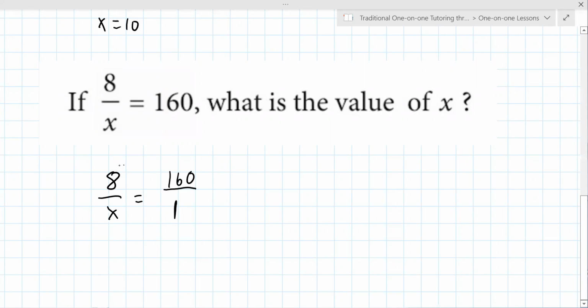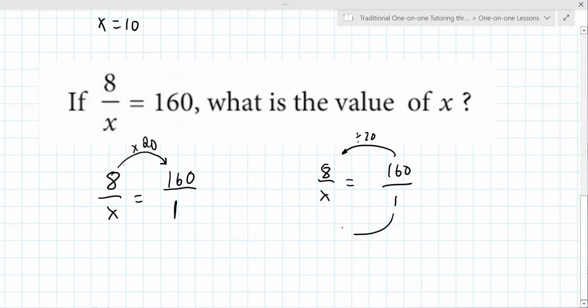Will you divide both sides by 8? How do you go from 8 to 160? You multiply. What do you have to multiply by? 20. By 20. Now, to go the other direction, to go backwards, you divide by 20.